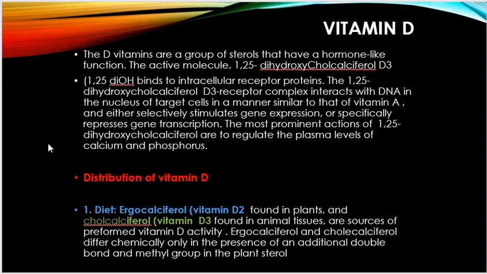Regarding the distribution of vitamin D in the diet, ergocalciferol is found in plants, and cholecalciferol, which is vitamin D3, is found in animal tissues. These are the sources of preformed vitamin D activity. Ergocalciferol and cholecalciferol differ chemically in the presence of an additional double bond and a methyl group, which is present in the plant sterol.